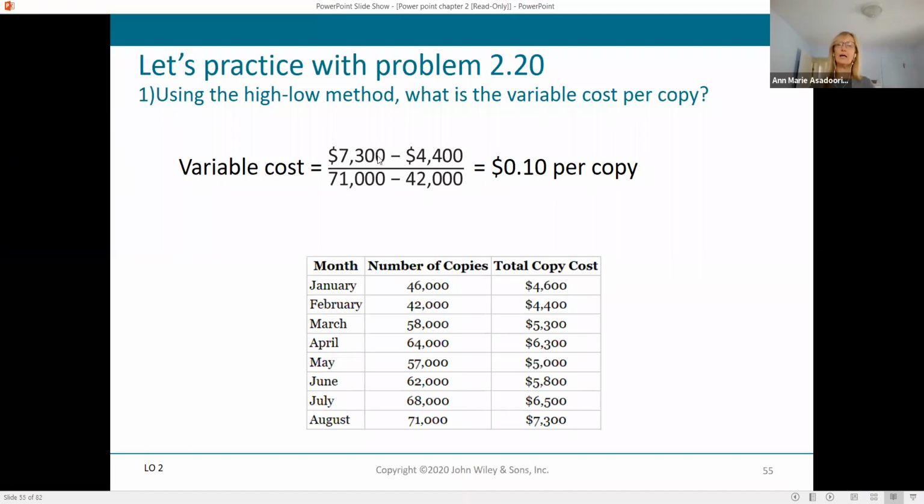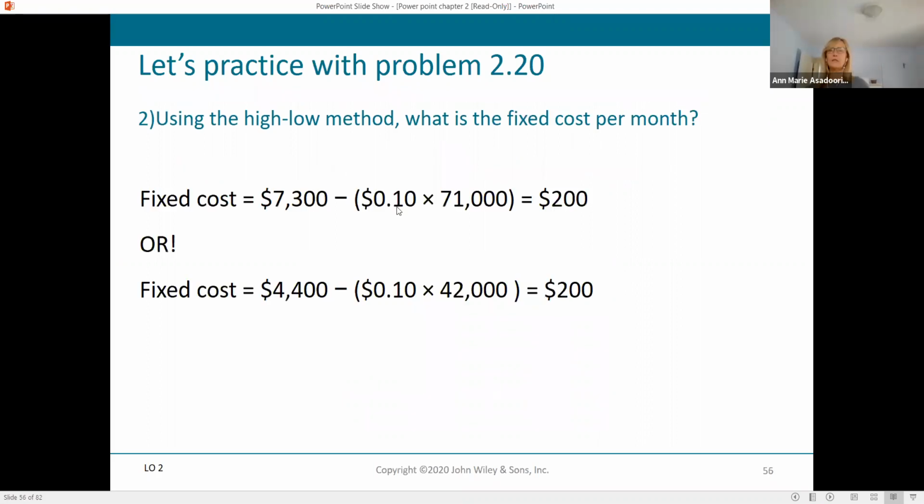So I'm going to take the mixed cost of $7,300, and I'm going to back out the 10 cents per copy multiplied by 71,000 copies, because this cost was $7,300 when I did 71,000 copies. Variable cost per unit is constant. The volume was different when these costs were different.